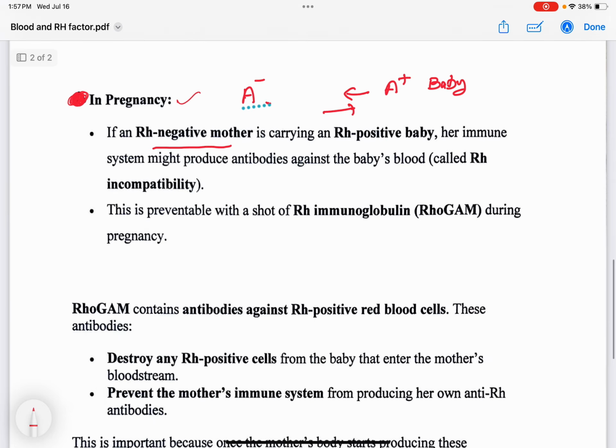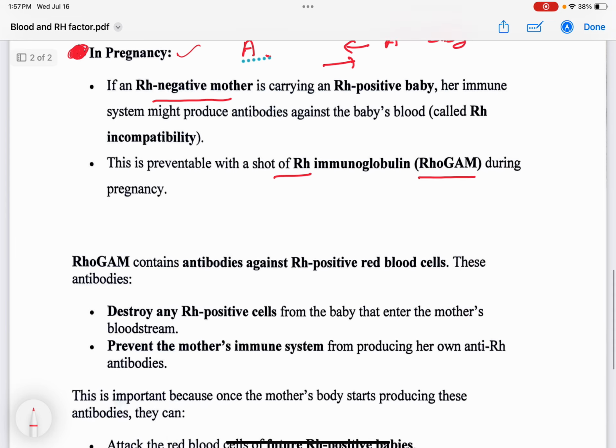Okay, so this is preventable with a shot that they give you during the pregnancy. It's called Rh immunoglobulin or RhoGAM shot. So it has antibodies that would attack Rh positive cells of the baby.